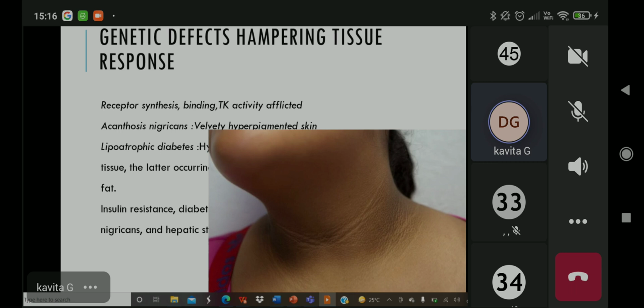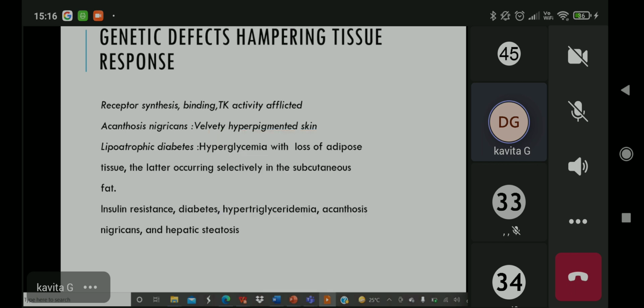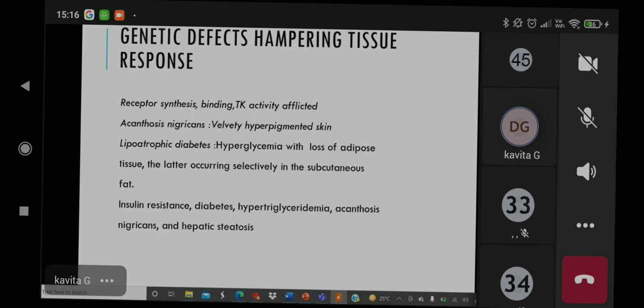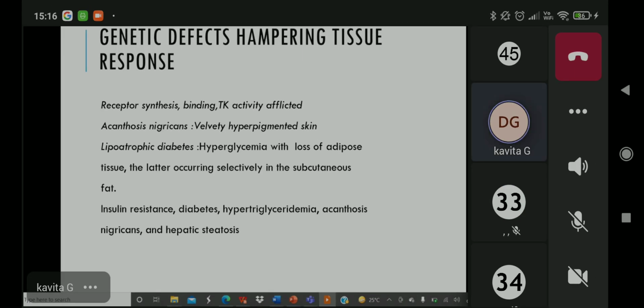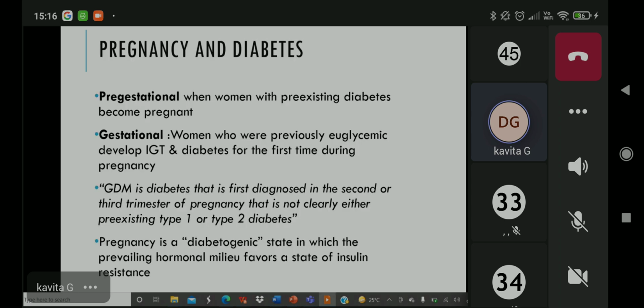Look at this. You have, I won't call it velvety, I will say multiple folds actually, and lipoatrophic, the shriveling sometimes of the fat altogether. So you can see many diabetics who give that very cachexic look. All these features can be associated with diabetes.